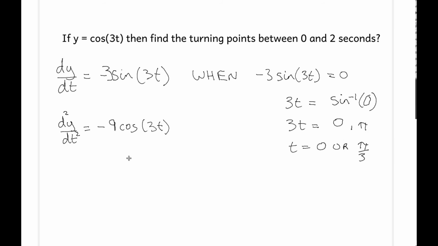So if I insert in my values, if I put 0 in, the cosine of 0 is 1, so it's going to be equal to minus 9. When t equals 0, you'll get minus 9 for the second derivative. That's a negative value, so it's a maxima.